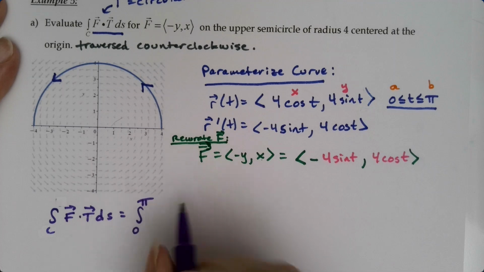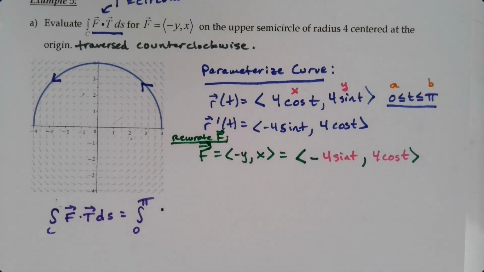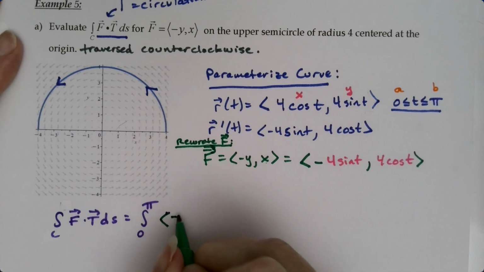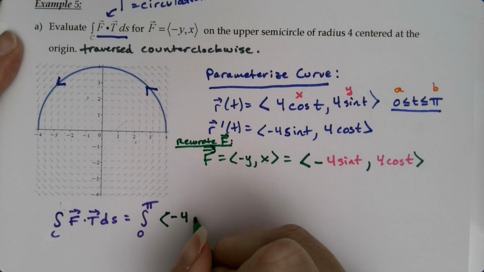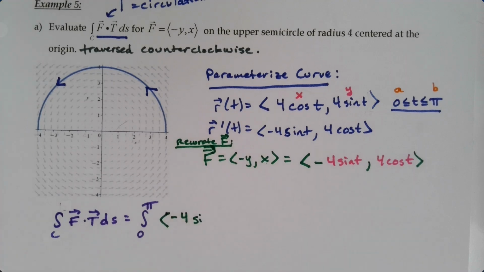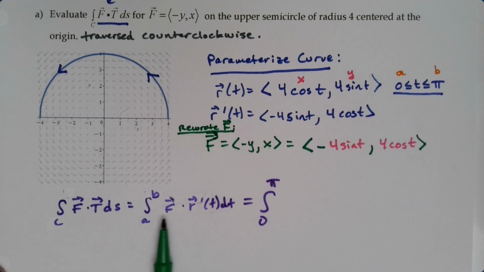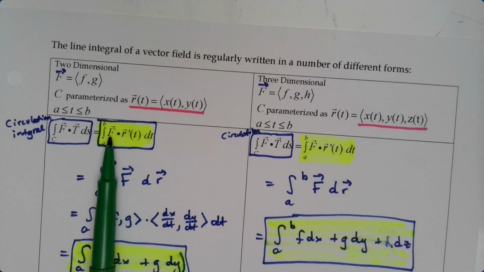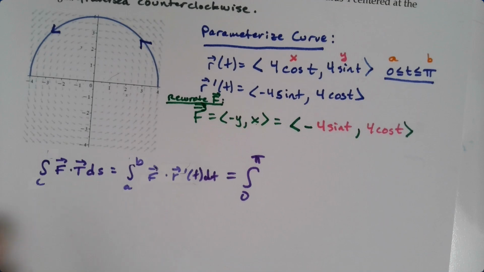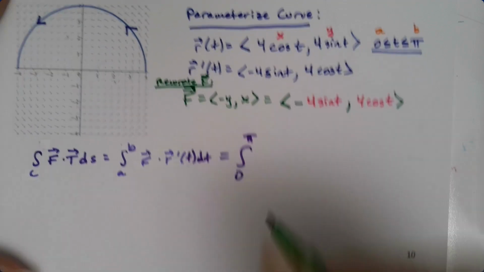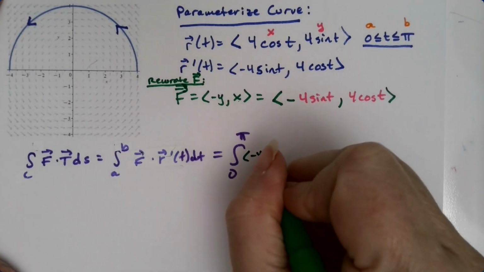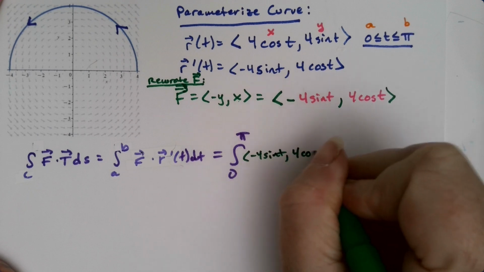All right, and then I'm going to take f, which is now negative 4 sine. Actually, one second. I'm going to write the basic formula again, just so you can see it. So what we're doing is this piece right here. We're taking the vector field and dot producting it with r prime. So our vector field is now negative 4 sine t, 4 cosine t.